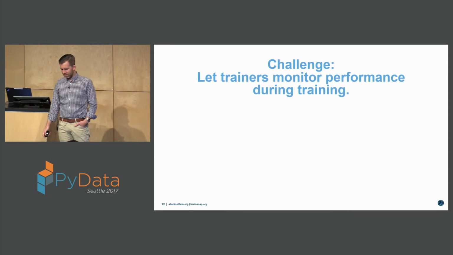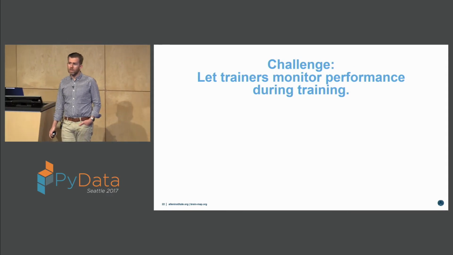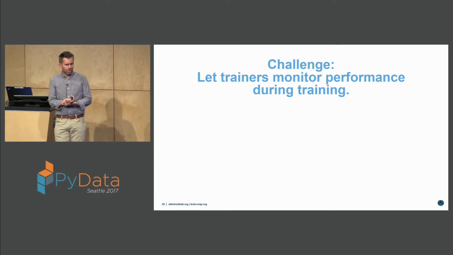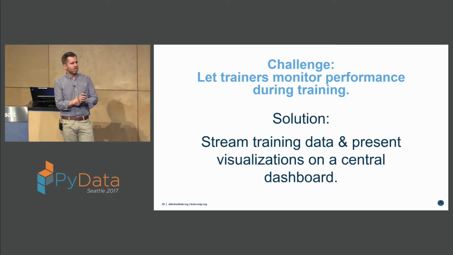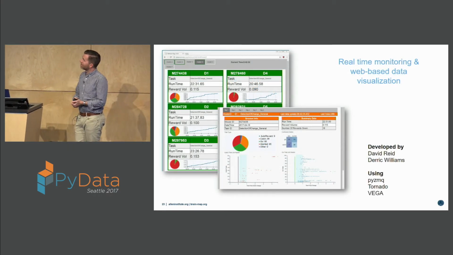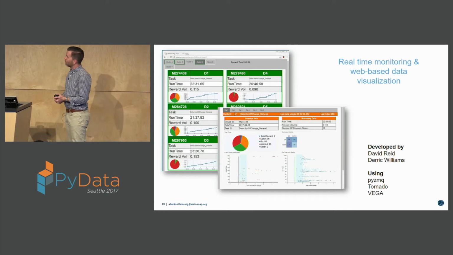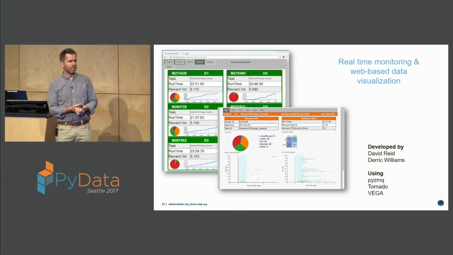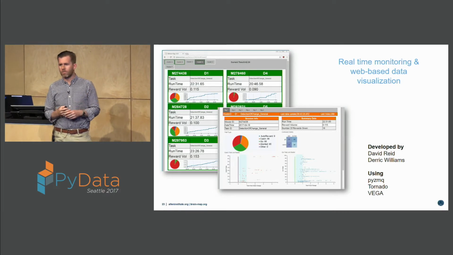So our next challenge is to let our trainers monitor the performance of the animals during training. Our solution is to stream our training data and present our visualizations on a central dashboard. So here's our dashboard. These are just web interfaces that present an overview for each trainer.